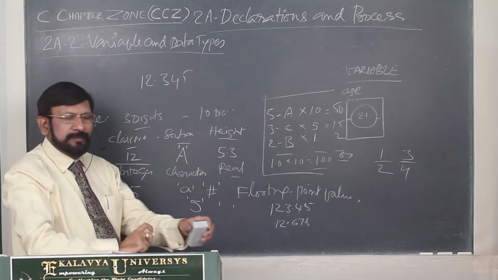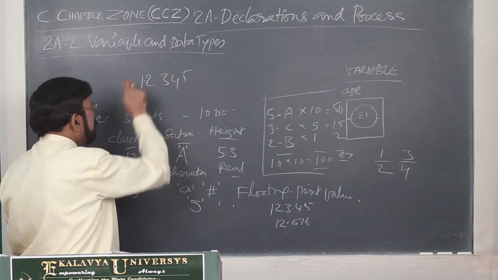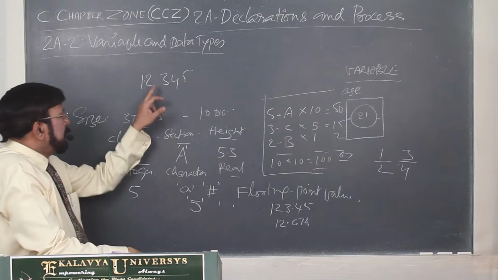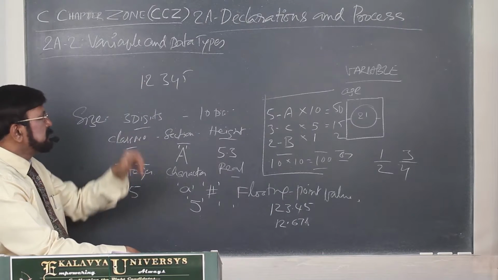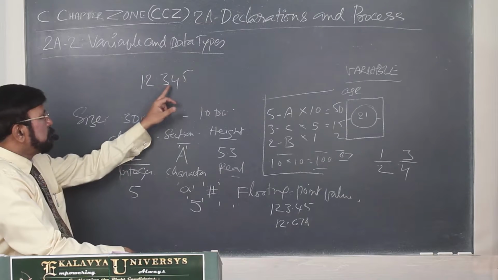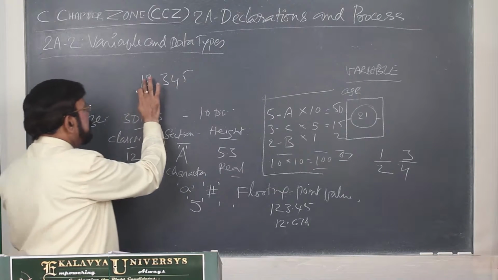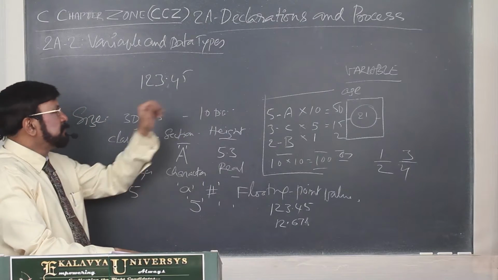Now you are giving a value to this. Now I am changing just one point. I moved the point from here to here. Then what is the value? 1.2345. Suppose I moved this point to here, 123.45.